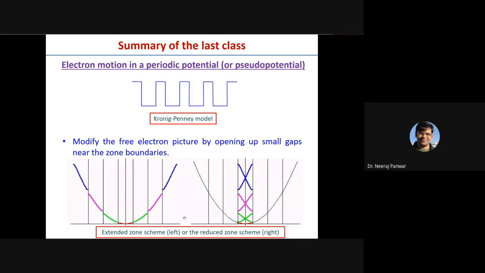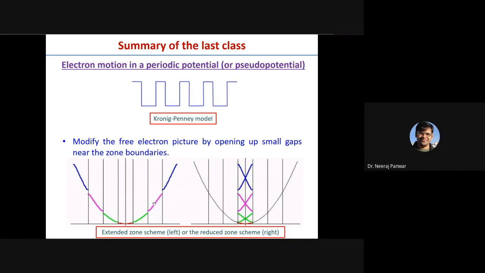In the previous class, we also discussed different zone schemes, namely the extended zone scheme that is shown here. We also discussed the periodic zone scheme, in which this graph goes like this, like a wave, from minus infinity to plus infinity in all directions. Similarly for this, that is the repeated zone scheme or the periodic zone scheme.